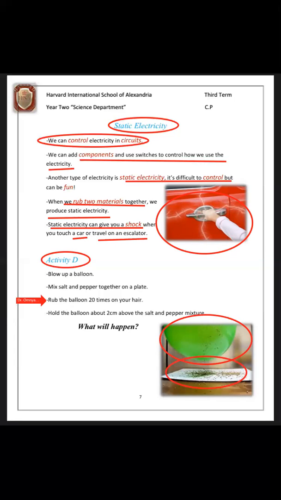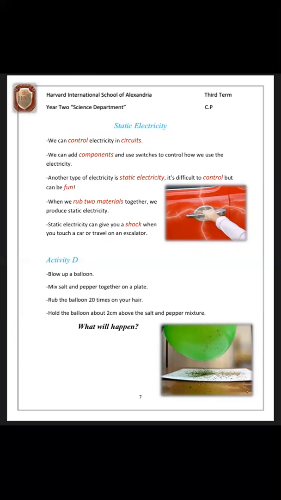Hold the balloon about 2 centimeters above the salt and pepper mixture. And see what's going to happen. I'm not going to tell you what happened. You're going to see yourself when you do this.